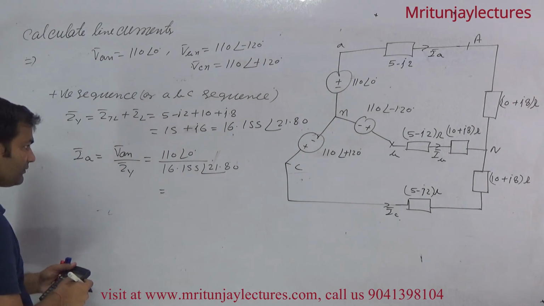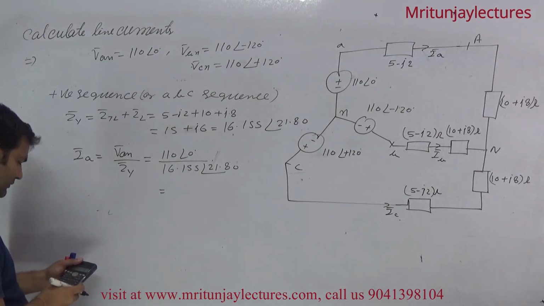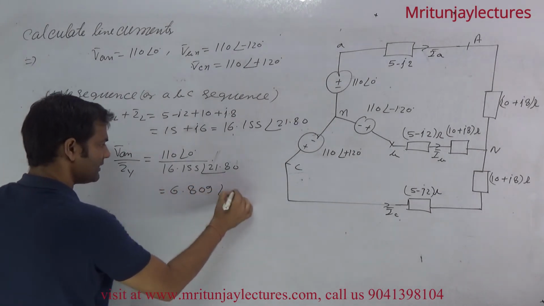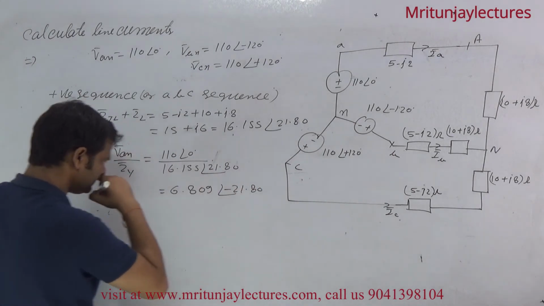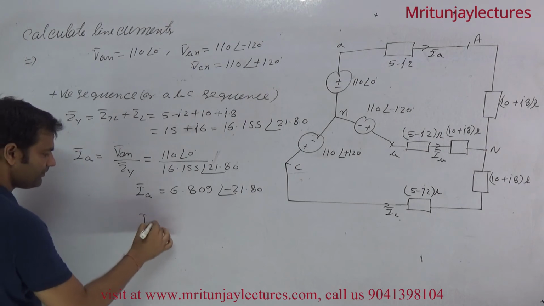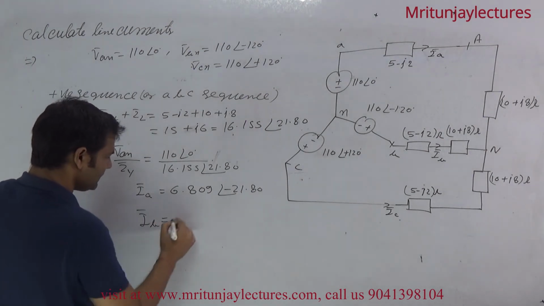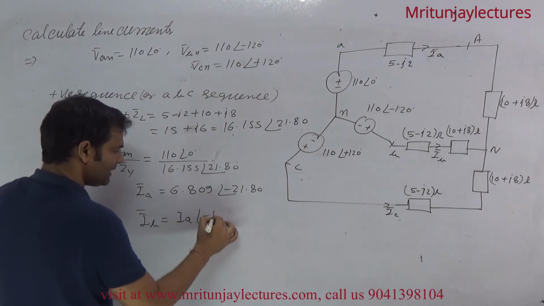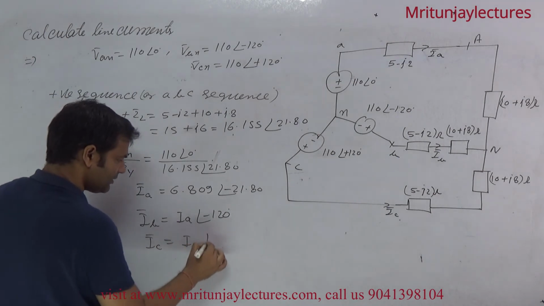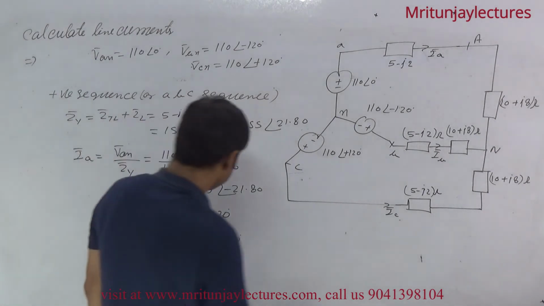Finally we got 6.809 at the angle minus 21.80. That is IA. What about IB? IB is written as IA at the angle minus 120, and IC is written as IA at the angle plus 120. Clear?